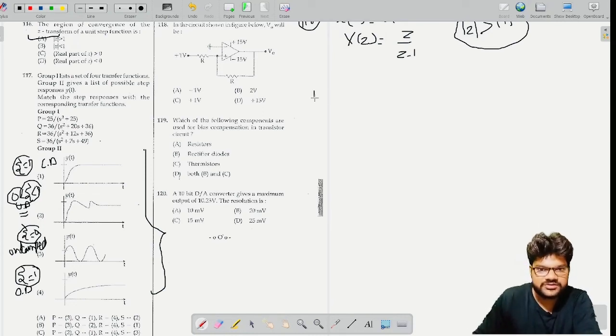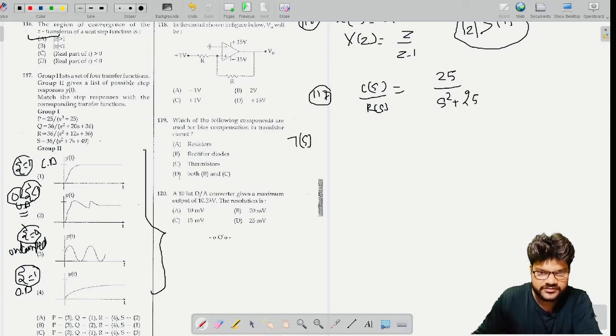So this is 117. In the first question we are given C(s) by R(s), which is 25 by s square plus 25. The standard transfer function of a second order system we know has to be omega n square by s square plus 2 zeta omega n s plus omega n square.